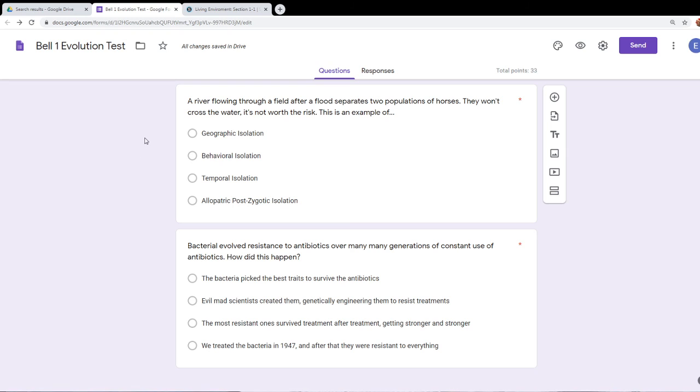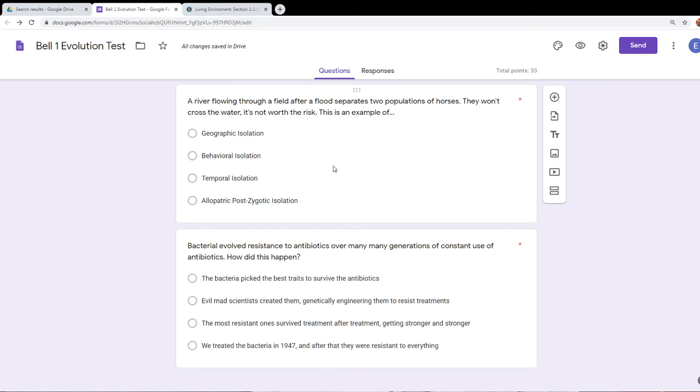Last two questions. A river flowing through a field after a flood separates two populations of horses. They won't cross the water. It is not worth the risk. This is an example of... So maybe this river floods and carves a channel right through this field. Now the one group of horses is separated into two groups.